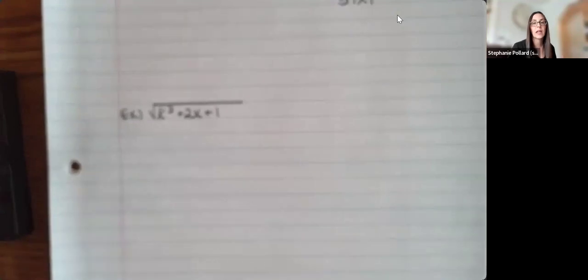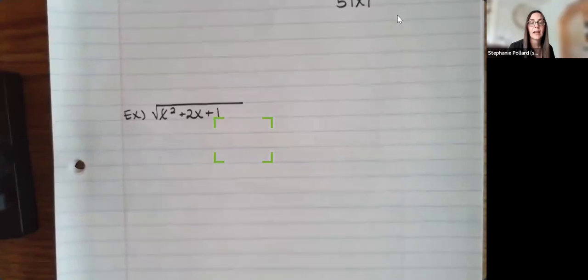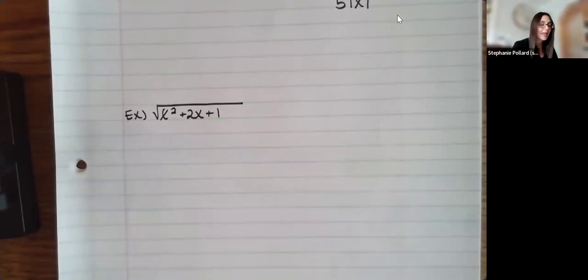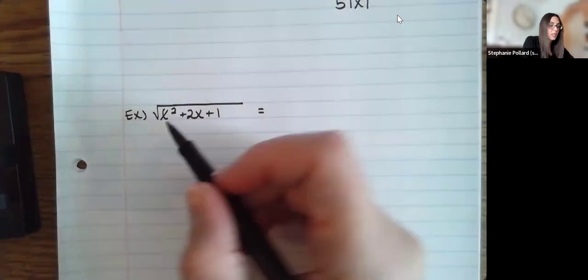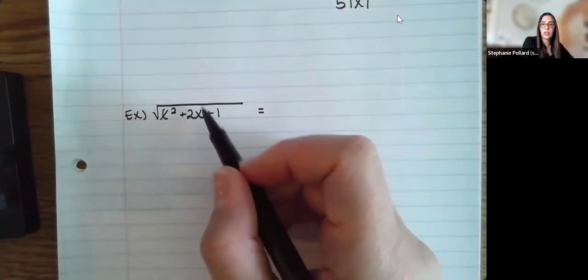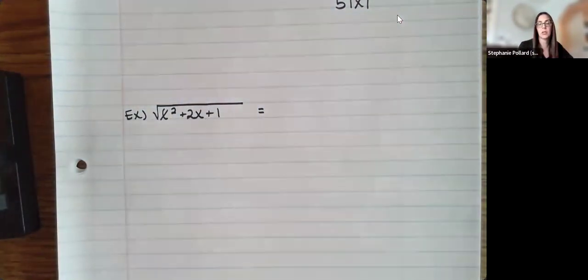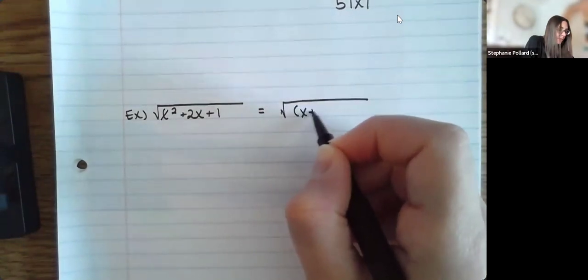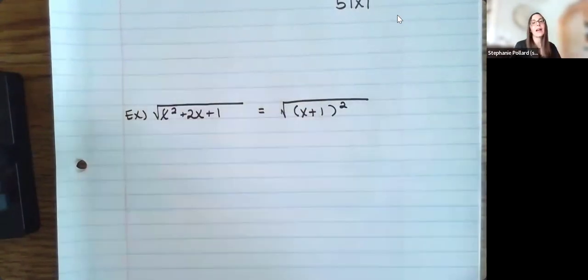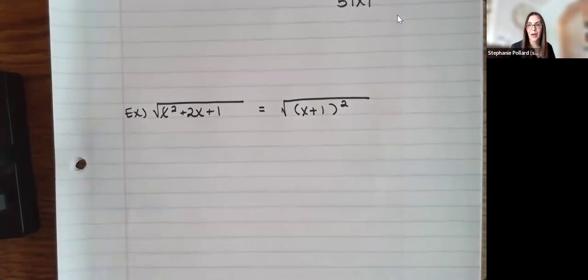Now, the last one here I like because it's a little bit tricky. And if you look at it, it says the square root of x squared plus 2x plus 1. And you're probably thinking, well, there's nothing I can really do there. You actually cannot just split up addition and subtraction like we do with multiplication and division. So this is one group. But if you look closely, you actually can factor this. It actually factors into x plus 1 squared.